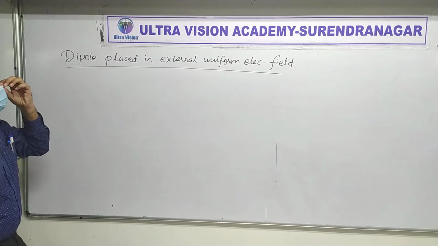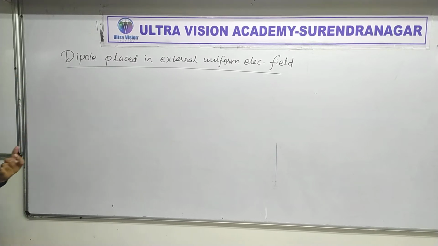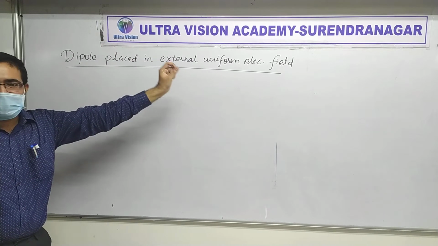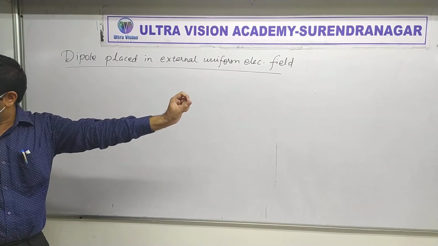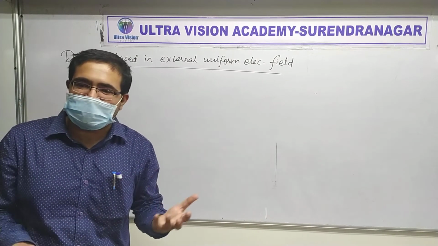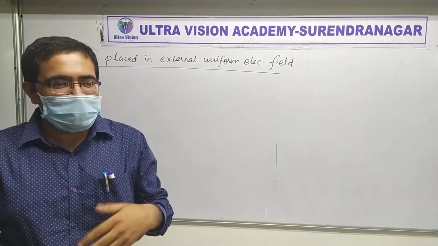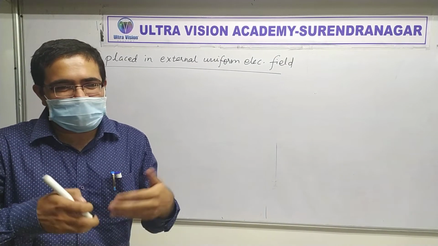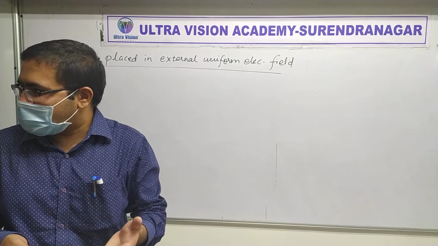Anyway, so what's the title here? It's saying that we have a dipole which is placed in a uniform field, but that field is external. External means something else has created that field. The dipole creates its own field, so that's not called external.